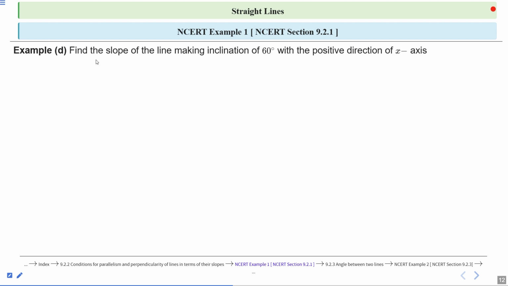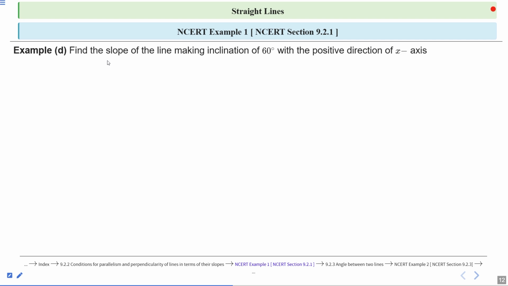So now let us see example D. In this example, we have to find the slope of the line making an inclination of 60 degrees with the positive direction of the x-axis. So what information is given in this example?